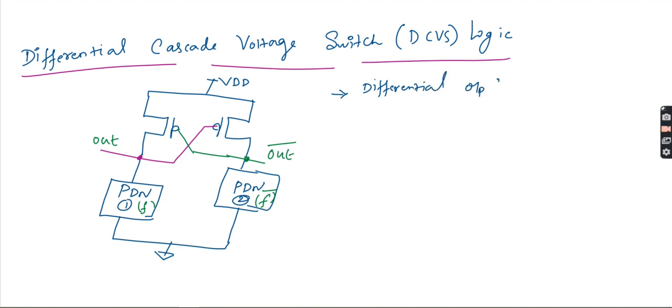The very important thing is that we don't need to implement one more circuit for the complementary output; both signals, out and out bar, we are getting. This logic family also eliminates static power dissipation.